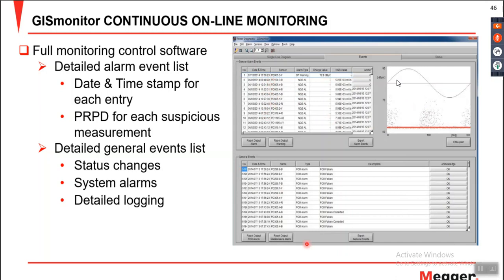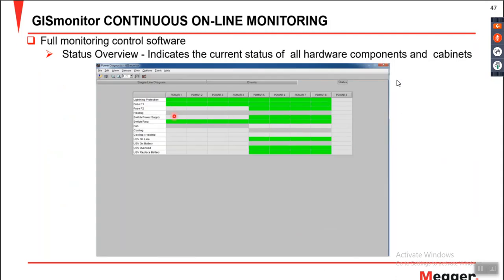So you can know at what particular time the partial discharge exceeded the threshold limit on that sensor. Apart from this, the system is continuously monitoring the data for all the connections as well. If you have any connection issue on your measurement chain, it will be reflected in a general data event. And the last tab is the status tab.